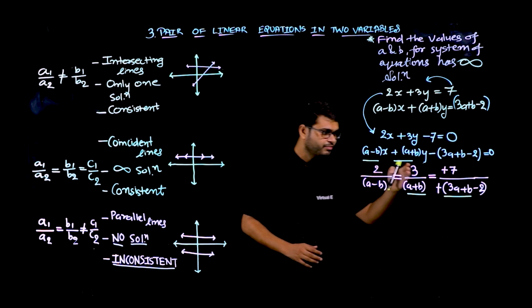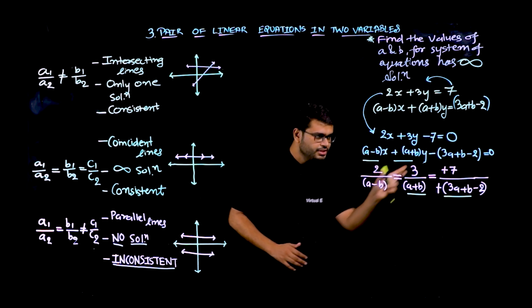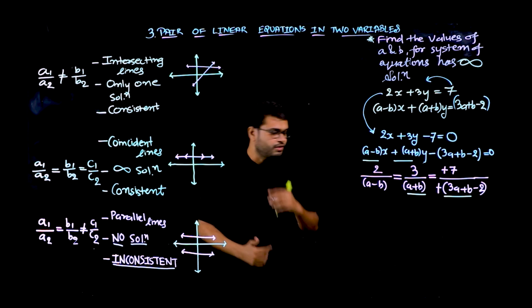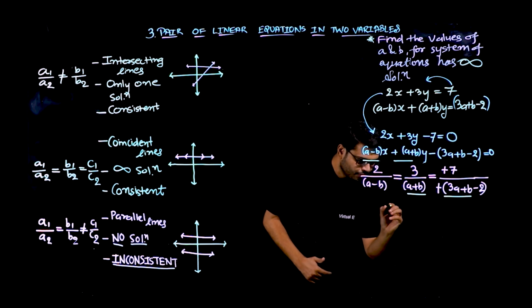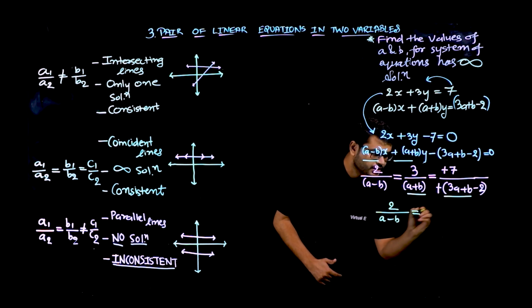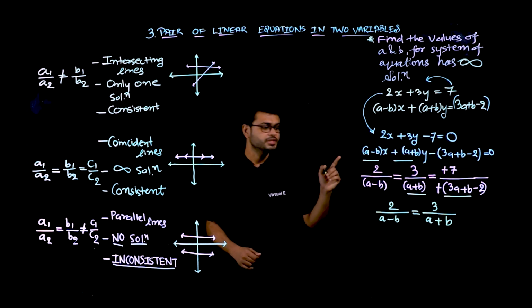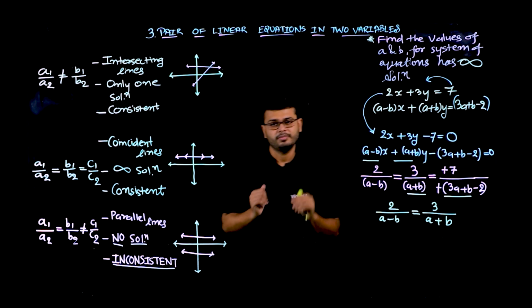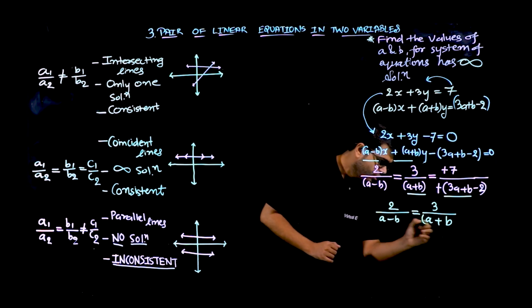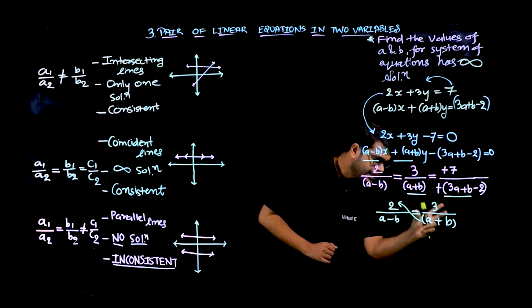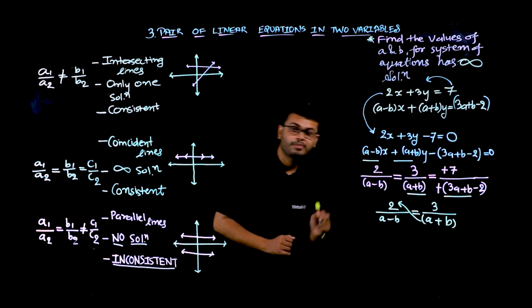So I am starting with my first step, this first relation, and second I am comparing it, then I am going to solve it. So let me start. 2 over a minus b is equal to 3 over a plus b. Now be careful how to simplify this. Cross multiplication. This denominator I will be multiplying with 2. Complete denominator I will be multiplying with 2.